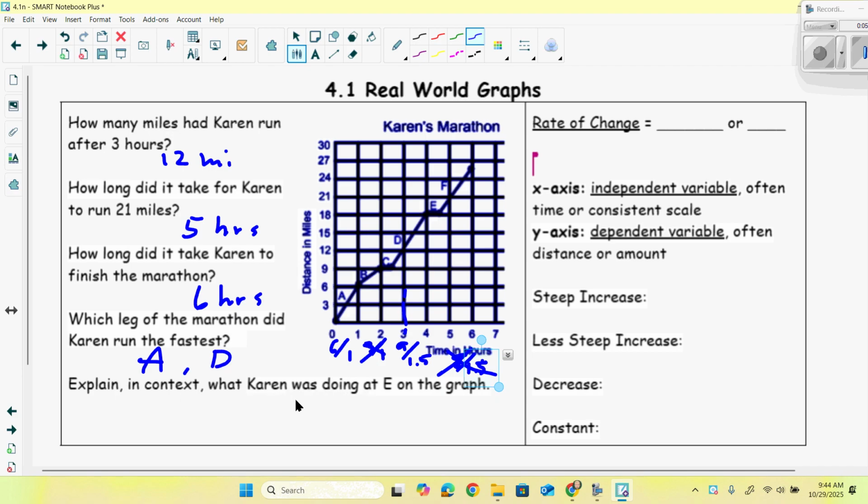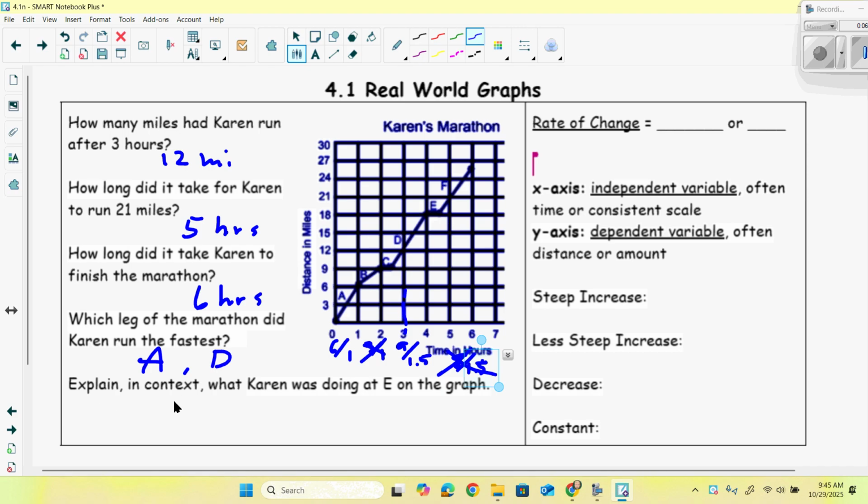In context of what Karen was doing at E on the graph, how do we make sense of that? In the E interval, she is 18 miles away at 4 hours and at 4.5 hours. She's going nowhere. So in context, and this might be the hard part of the question, we calculate numbers pretty easily and compare numbers, but what's the meaning is going to be a challenge in this chapter, as anytime we do word problems.